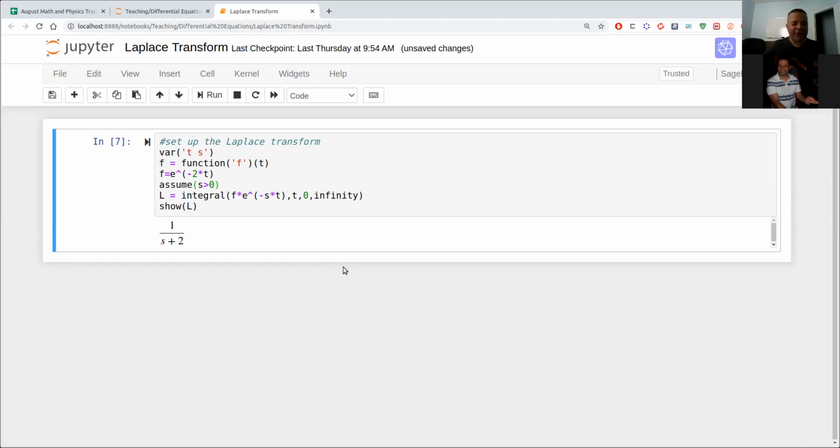Let's go back to my good notes. No problem here. s bigger than 0, that's fine. That's 1 over s, and our assumption is s bigger than 0.